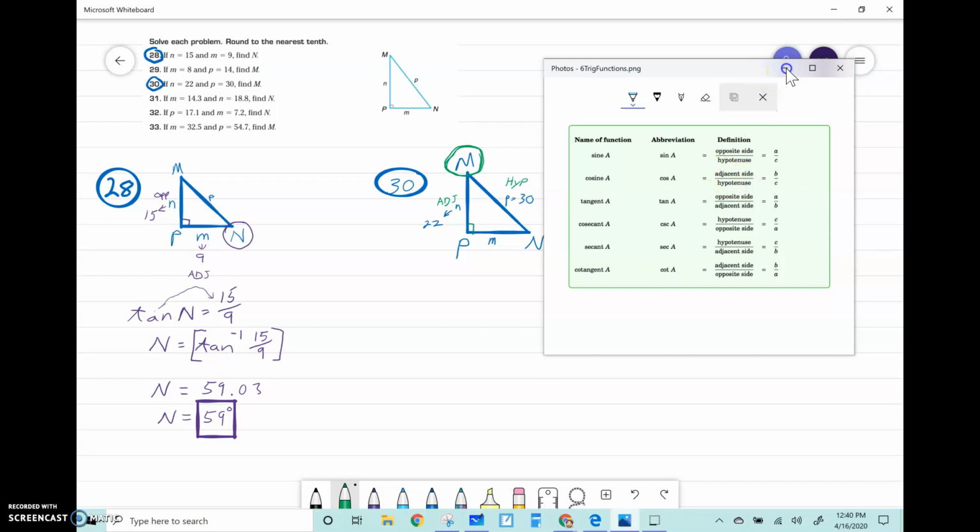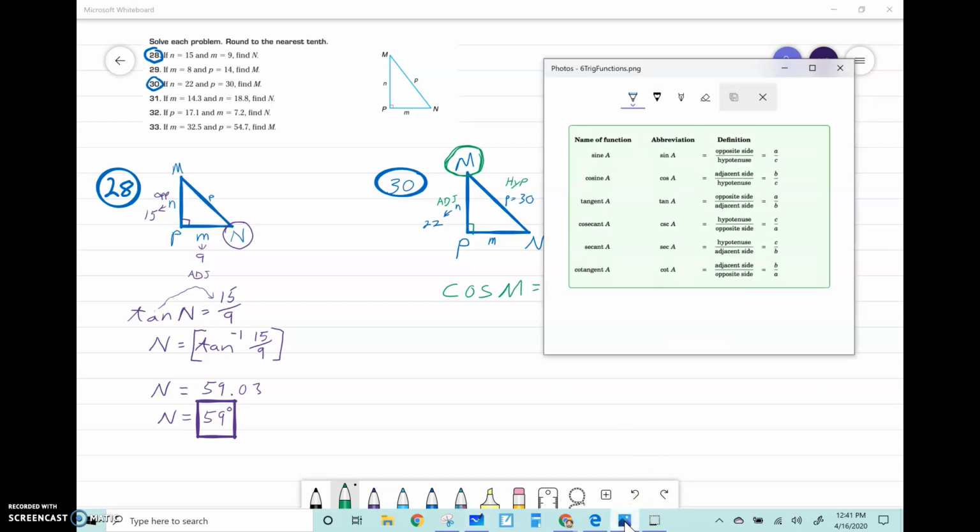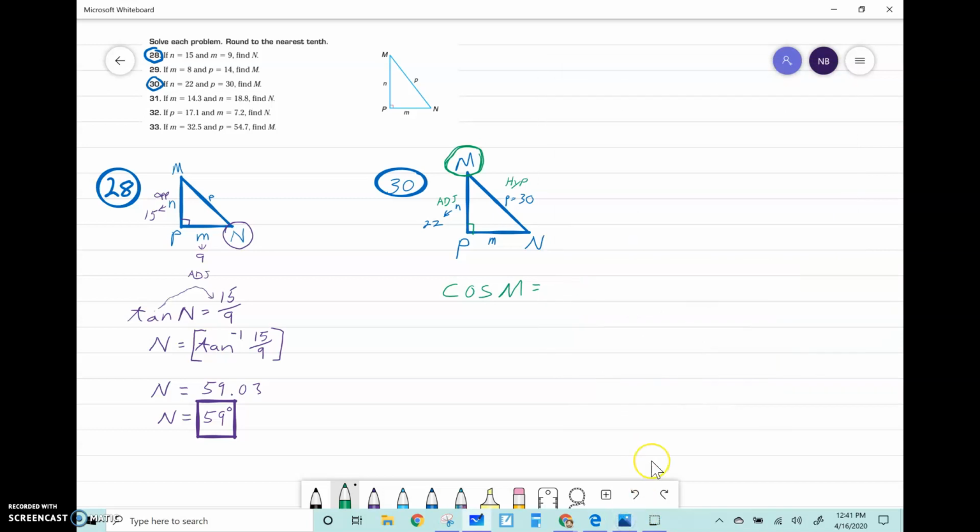Let's take a look at how that looks. We have the cosine, which is what our chart told us, of angle M equals adjacent on top of hypotenuse. Adjacent is 22, and my hypotenuse is 30. Like we did for number 28, we want to move cosine over to the other side so I can get what angle M is.